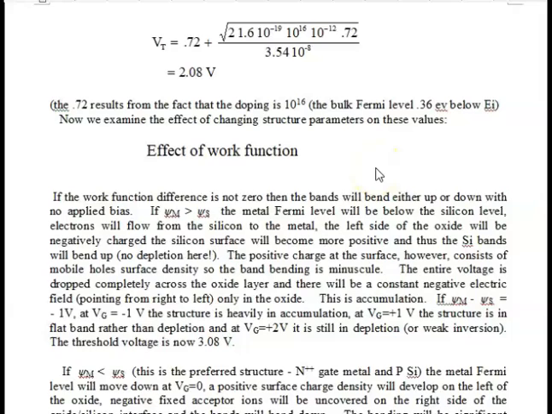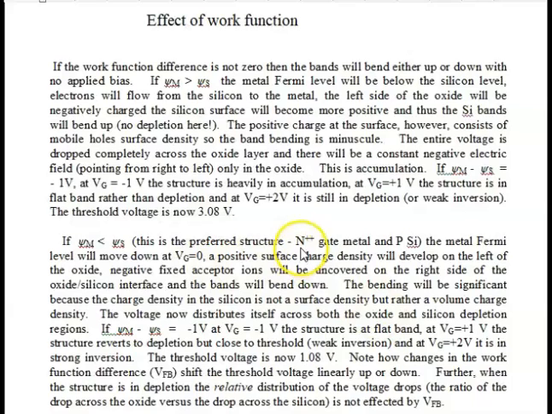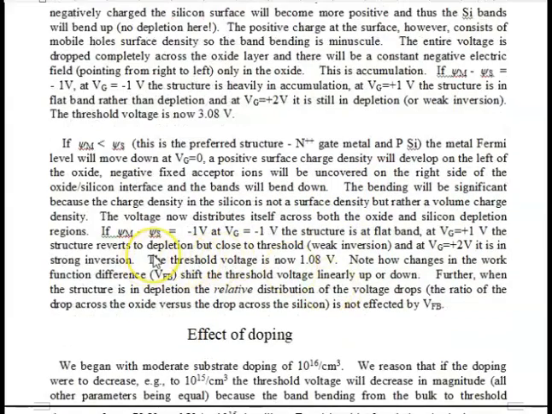And finally, if we look at the more normal situation, where we have metal work function less than silicon work function, think, for example, of an N++ degenerately doped gate metal for phi sub m, Fermi level higher, on P silicon, then we have a flat band voltage of about -1 volt.